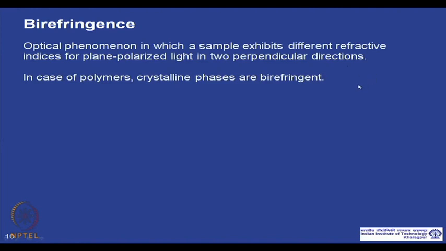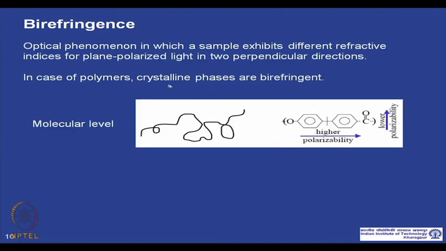So, the refractive index value for two perpendicularly polarized lights will have different values. Crystalline polymers have different refractive indices in particular perpendicular directions, so they will be birefringent.